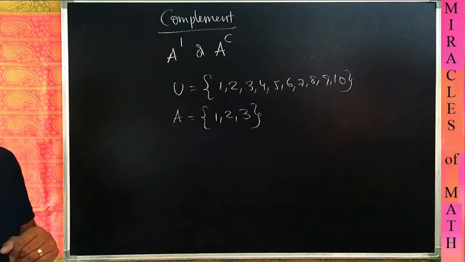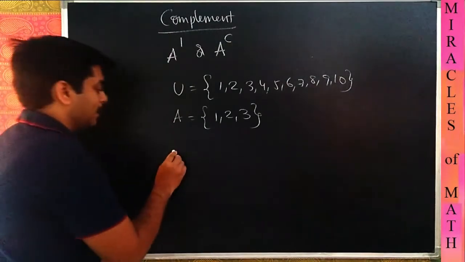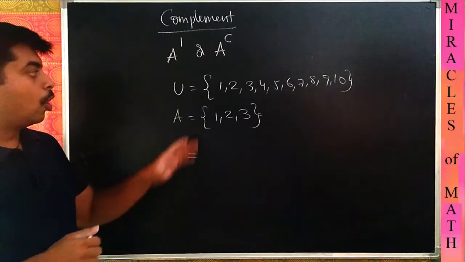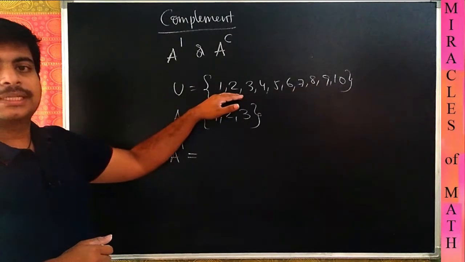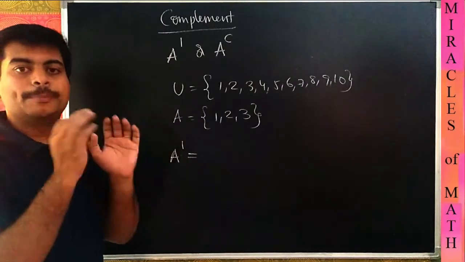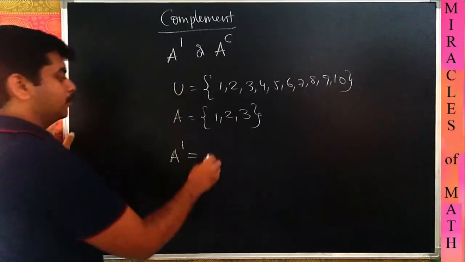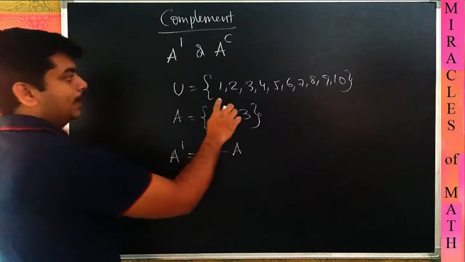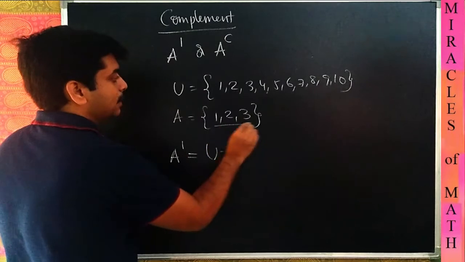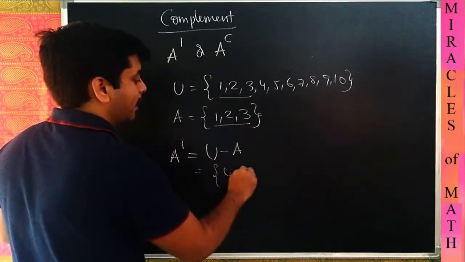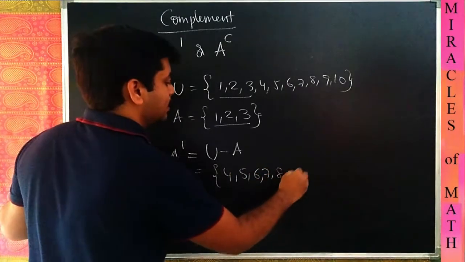So A complement is: write all the elements of the universal set and delete all the elements of A. A should not be there, that's it. So it is simply universal set minus A. From the complete universal set, remove 1, 2, 3. So you will be left with 4, 5, 6, 7, 8, 9, 10.